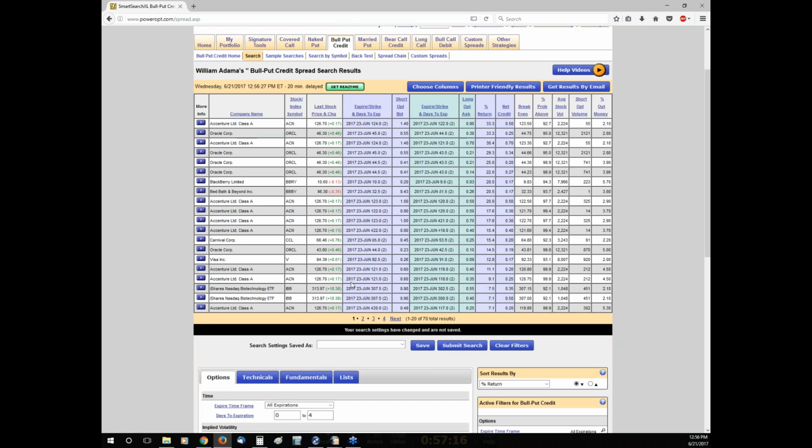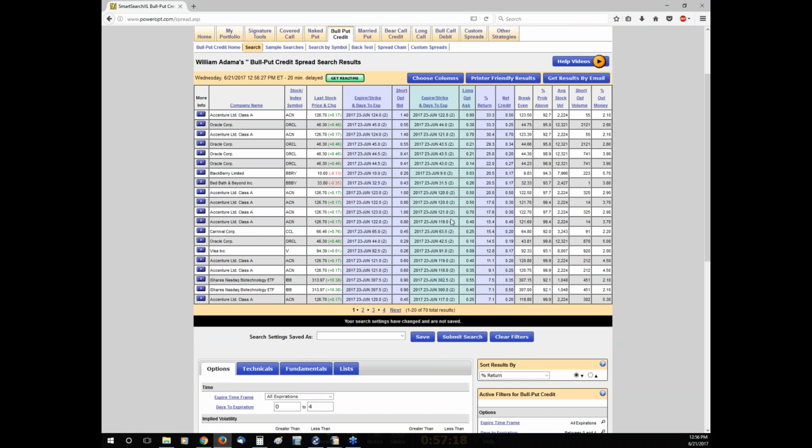Now, we're looking for 2 days out in time. There are about 465, I think, securities, indexes, ETFs, and stocks that offer weekly options. So we've narrowed it down to 70 results, and there's some repeated, Accenture, Oracle, and more.